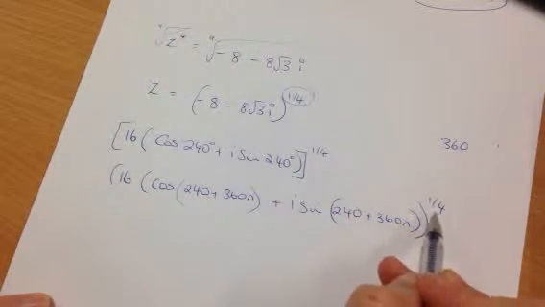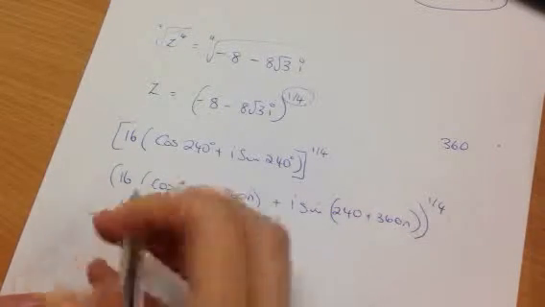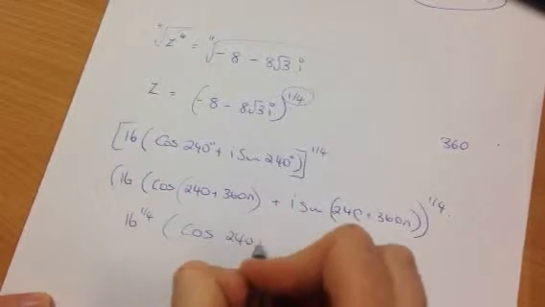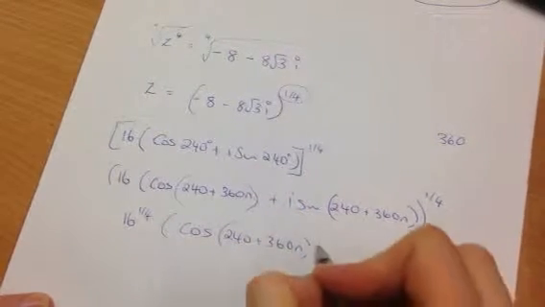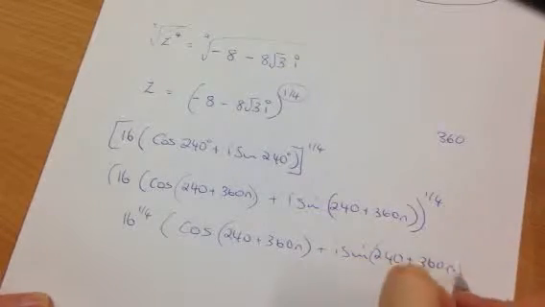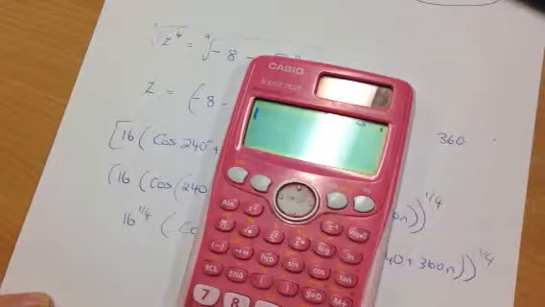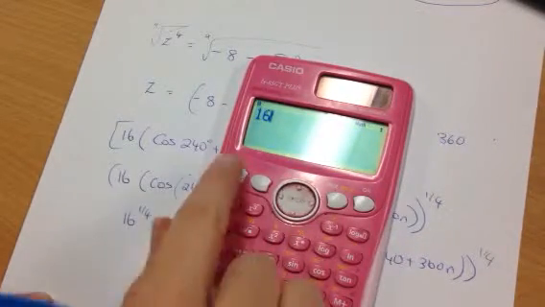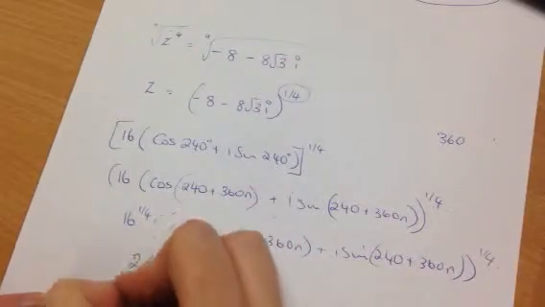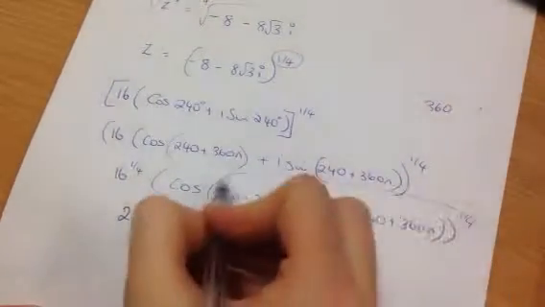Now I'm going to apply de Moivre's theorem in a few seconds. But firstly, I'm going to use my rules of indices to put each one to the power of a quarter. So 16 to the power of a quarter is 2. And then de Moivre's theorem says that I can bring the power down in front.